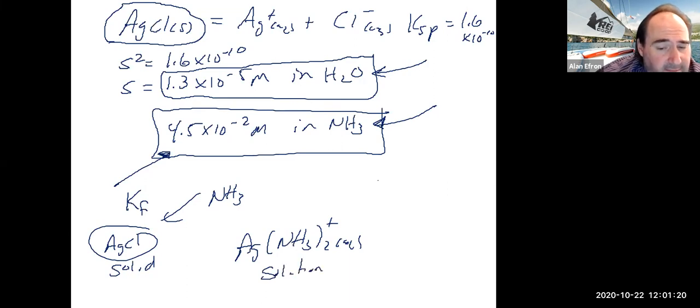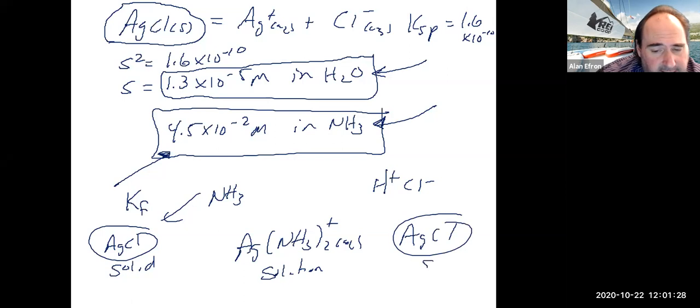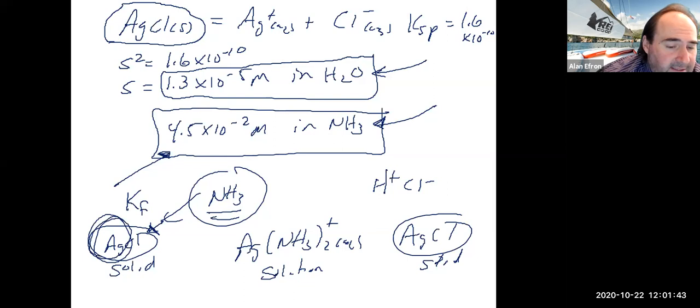And then you add some more acid to it and chloride, and you make the solid again. So you could have this silver chloride solid, add some ammonia to it, and it will basically all dissolve. You won't have any solid left. That means that when the ammonia gets near something like silver, they have such a strong attraction to each other that they want to make that complex ion, which is why, again, we see the Kf value being a large value in that case.